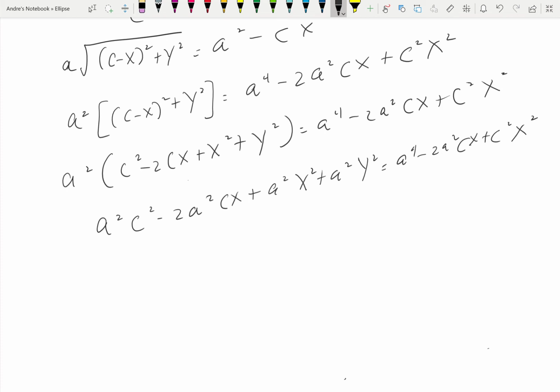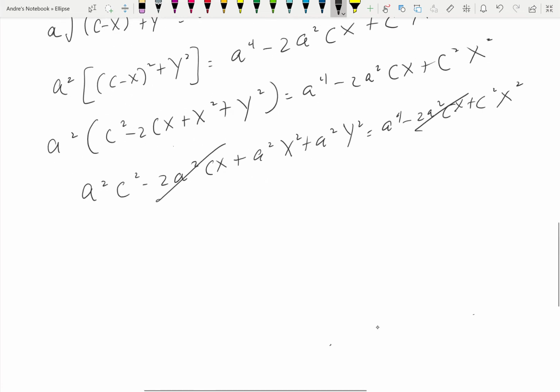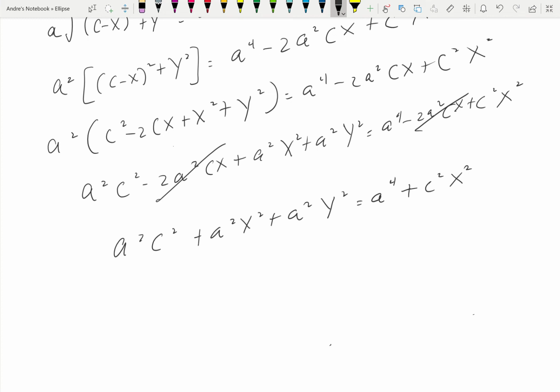We get one more 0 here, where this guy gives us another 0. We are left with a squared c squared plus a squared x squared plus a squared y squared equal a to the 4 plus c squared x squared.